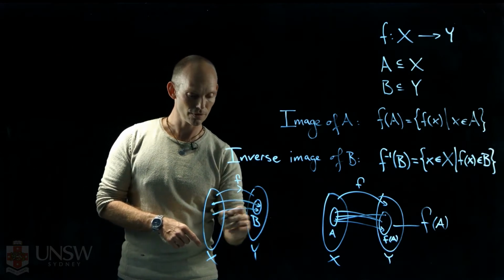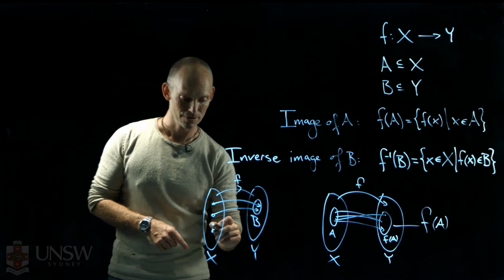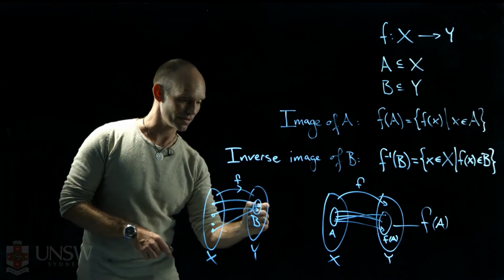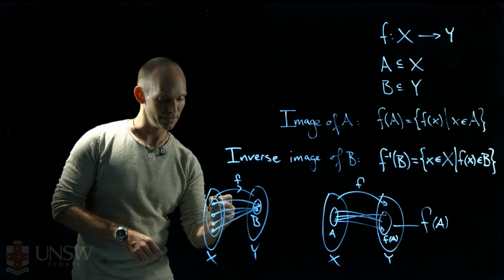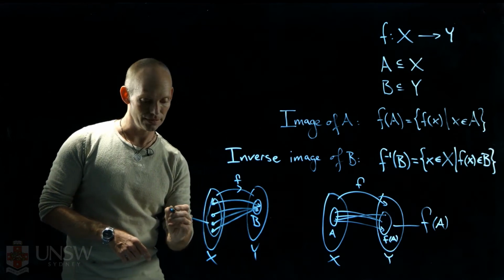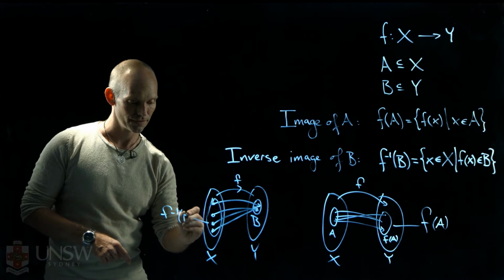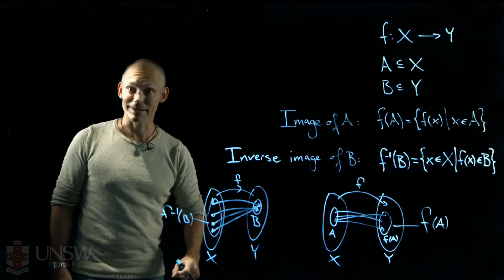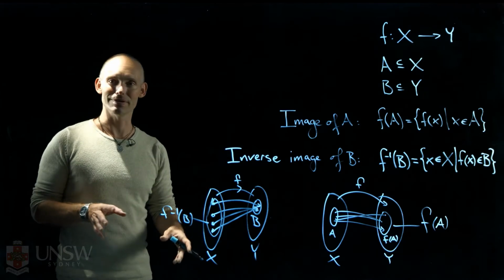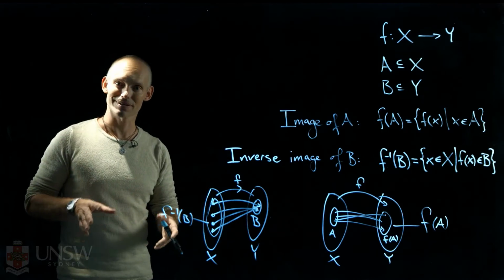And we look at all of the x values here in x that do that, and that gives us a set, namely the inverse image of B.